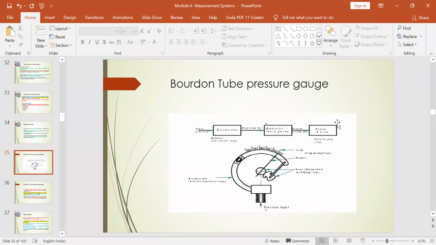Okay, so you'll have a Bourdon tube here. It will be the input where you sense the pressure. So this acts as the detector transducer stage, called transducer stage 1, and this displacement of the Bourdon tube due to the sensed pressure will be converted into readable form.